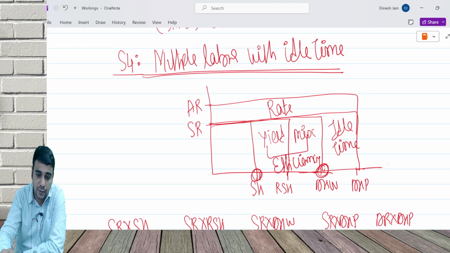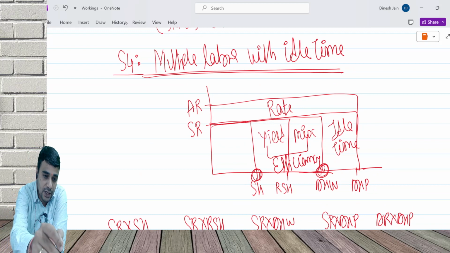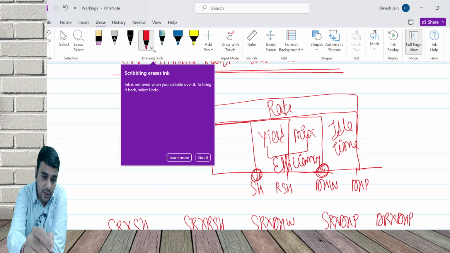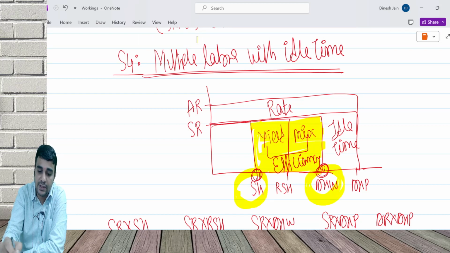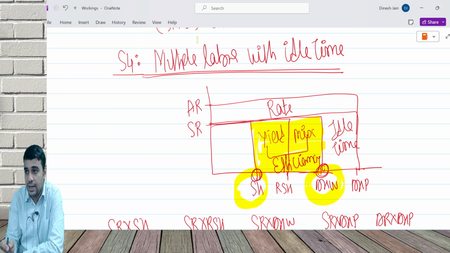So from the chart, it is a combination of two things. This part fully is the mix variance, which is comparing SH with AHW, because you'll have to link both of them together.